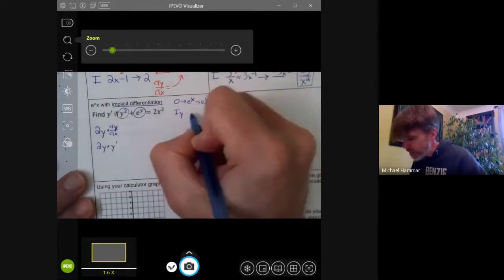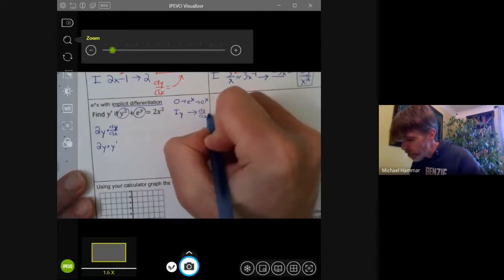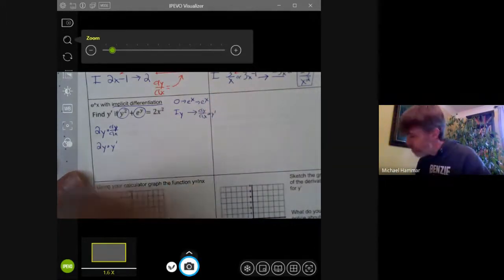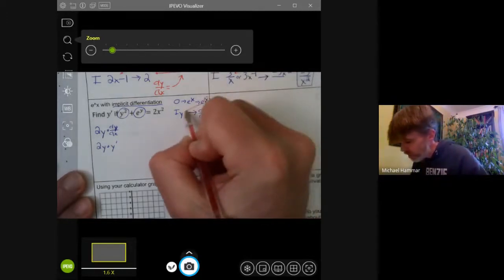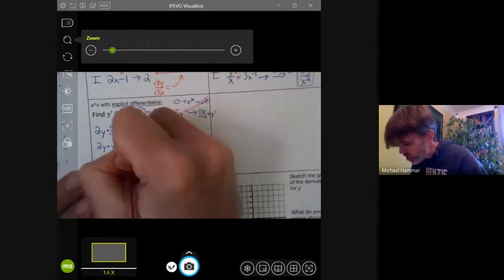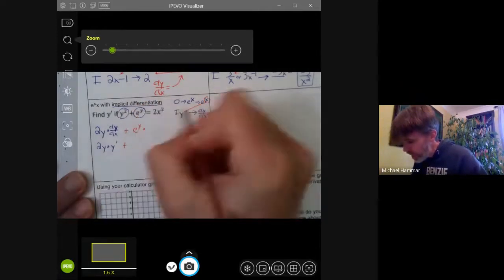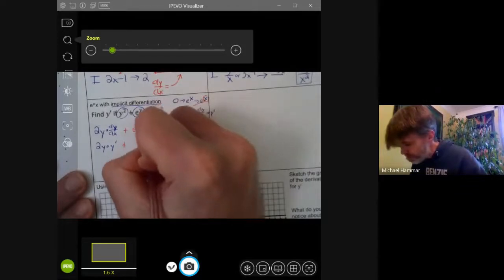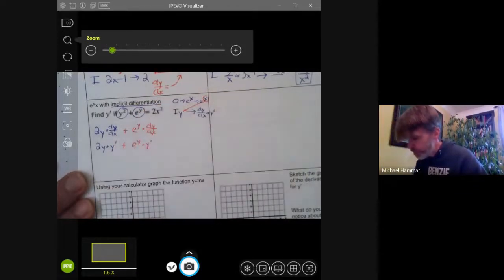This is e to the x, and the derivative of y is dy over dx, or you can say y prime. Either one is fine. So let's use the chain rule to fill this in. So this is going to be plus e to the y times dy dx, or e to the y times y prime.